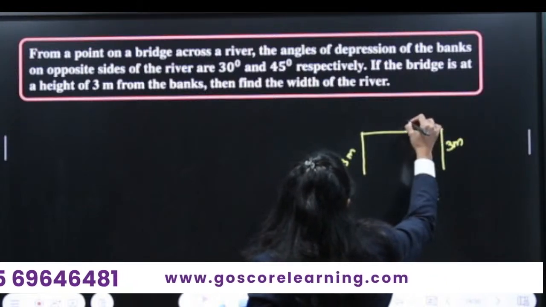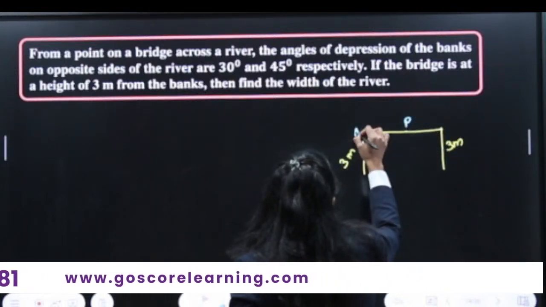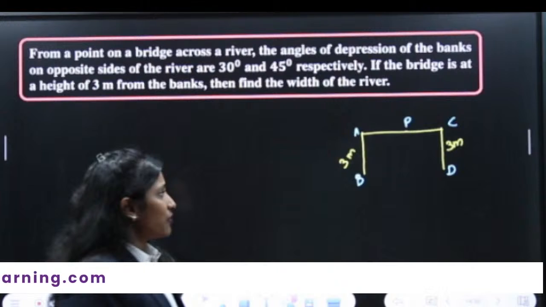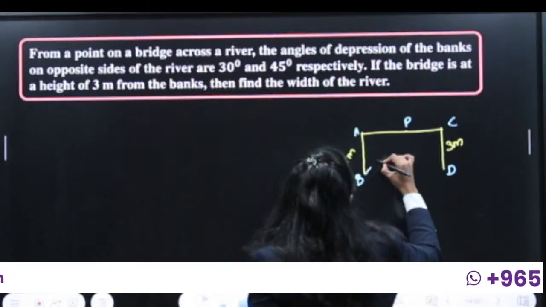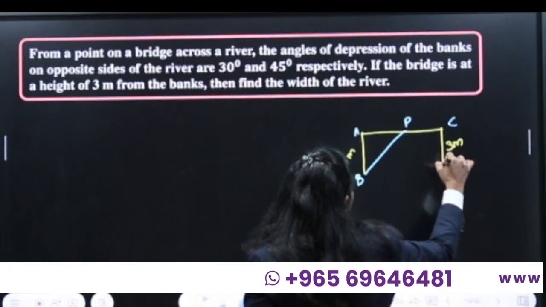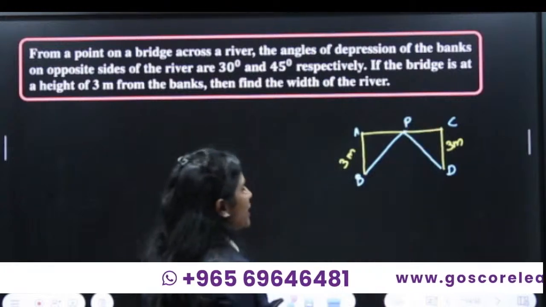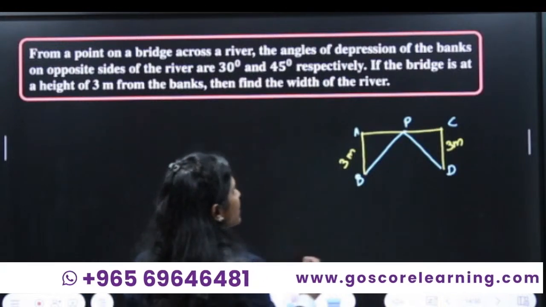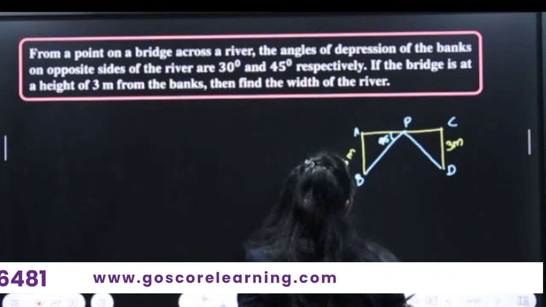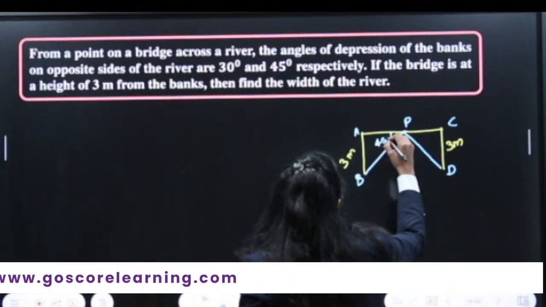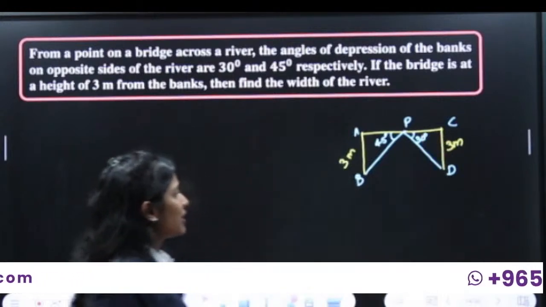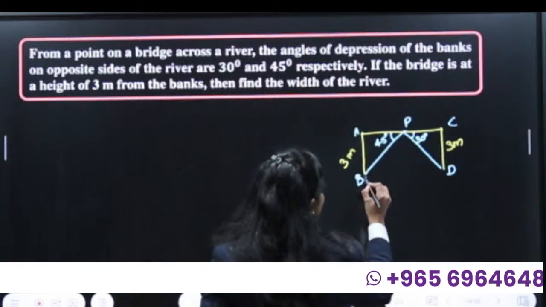Let it be P. Now I'm taking these as A, B, C, D, and this point as P. From that point, the angles of depression to both the banks are 30 and 45 respectively. It is 45 degree and this is 30 degree. Now what we need to find? We need to find this distance, BD.